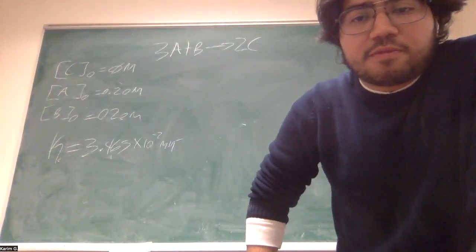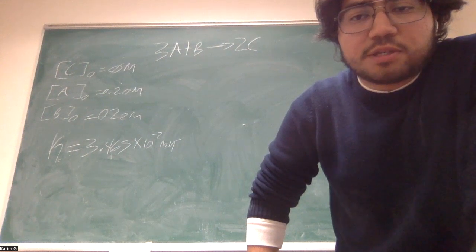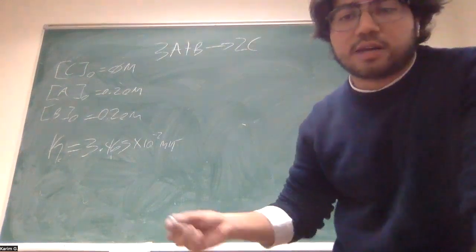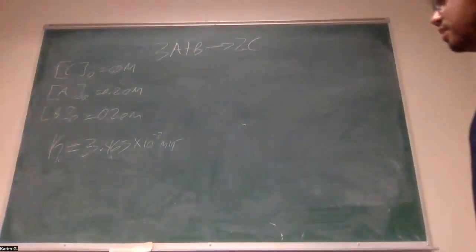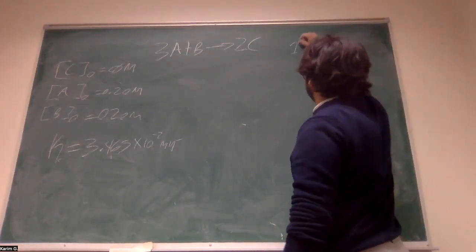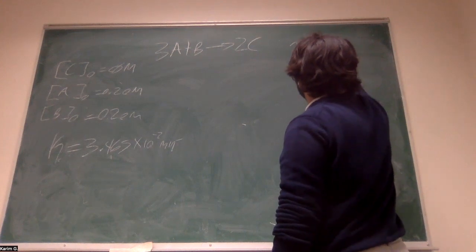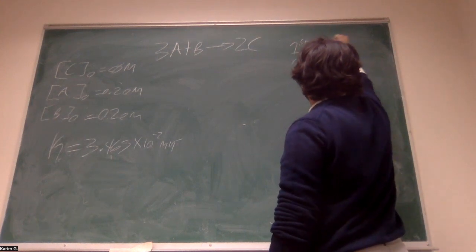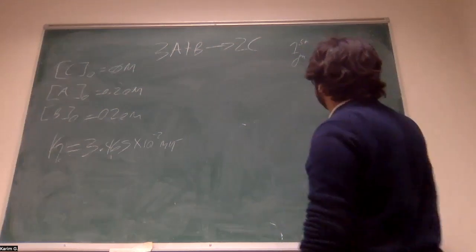Determine the half time for this process at this temperature and use this information to show plots. So we know it's first order with respect to A and zero order with respect to B.